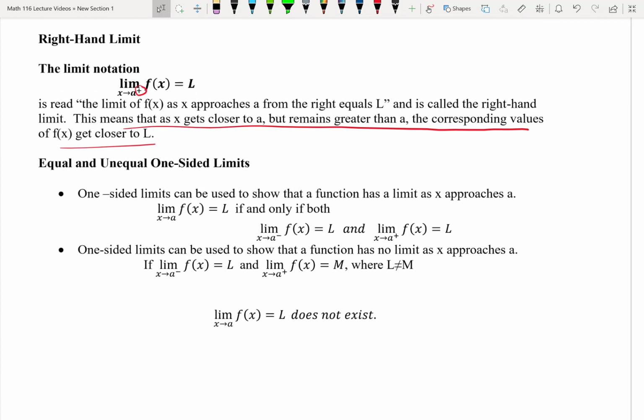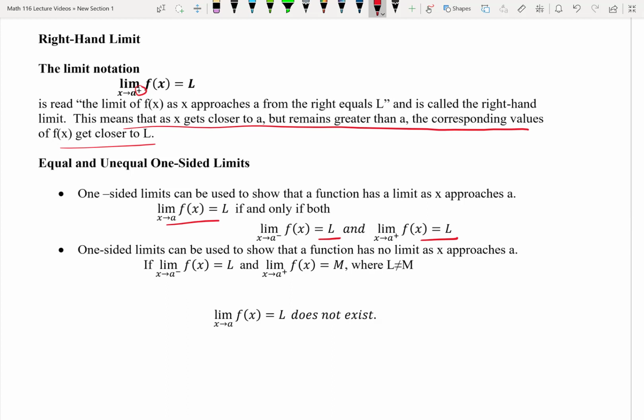One-sided limits can be used to show that a function has a limit. So if the left-hand limit is L and the right-hand limit is L, then we say the two-sided limit would be L. So if it's coming in to L on the left and right, then the overall limit that we've been talking about, called the two-sided limit, would also be L. However, one-sided limits can be used to show that a function does not have a limit.